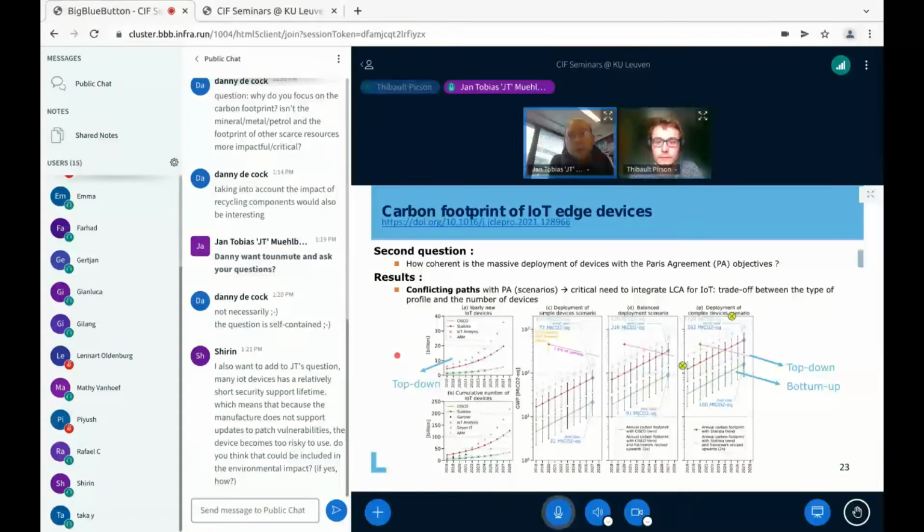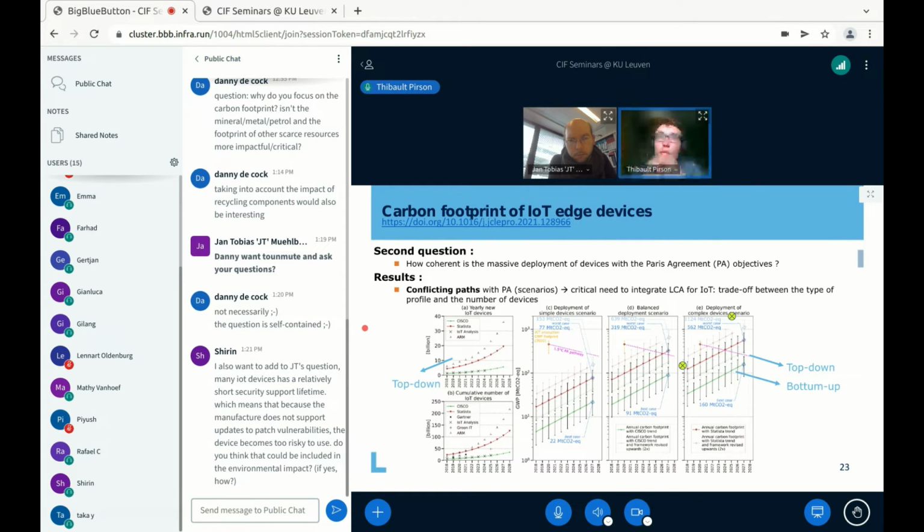From the case studies that you investigated, do you have an idea what the ratio is between emissions during production and end of life versus use time? So usually the end of life, at least how it is modeled today, is very low impact in terms of carbon, not in ecotoxicity or other things, but in terms of carbon, this is usually very low.